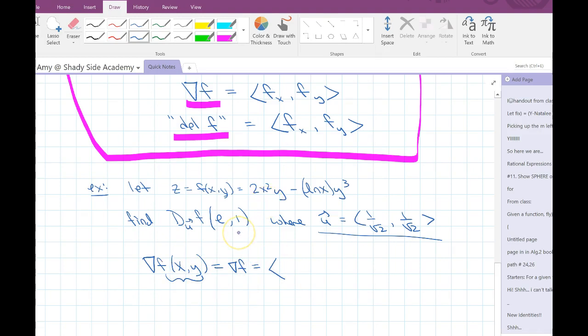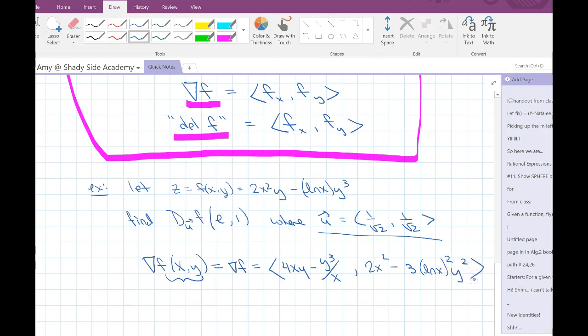The first component is going to be the partial derivative of z with respect to x. That is 4xy minus y cubed over x, right? Derivative of ln x is 1 over x, correct? Comma 2x squared minus 3 ln x, all of that squared, times y squared.